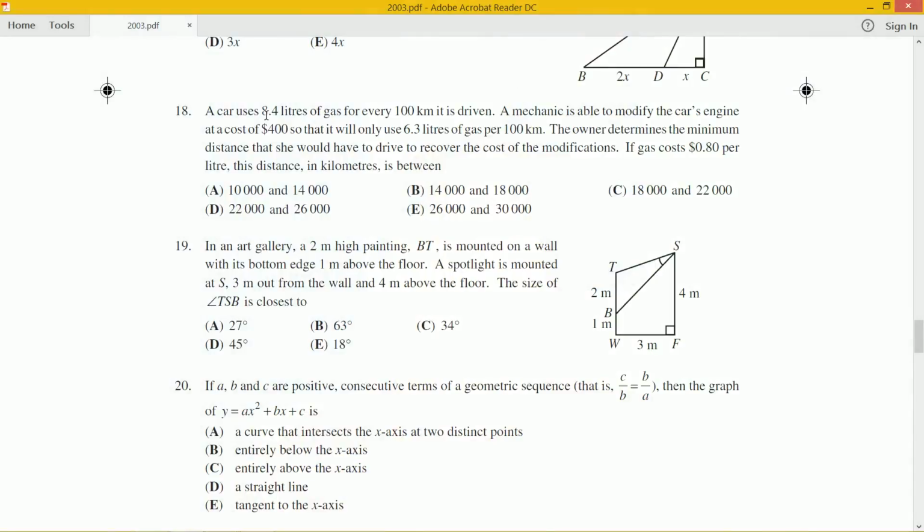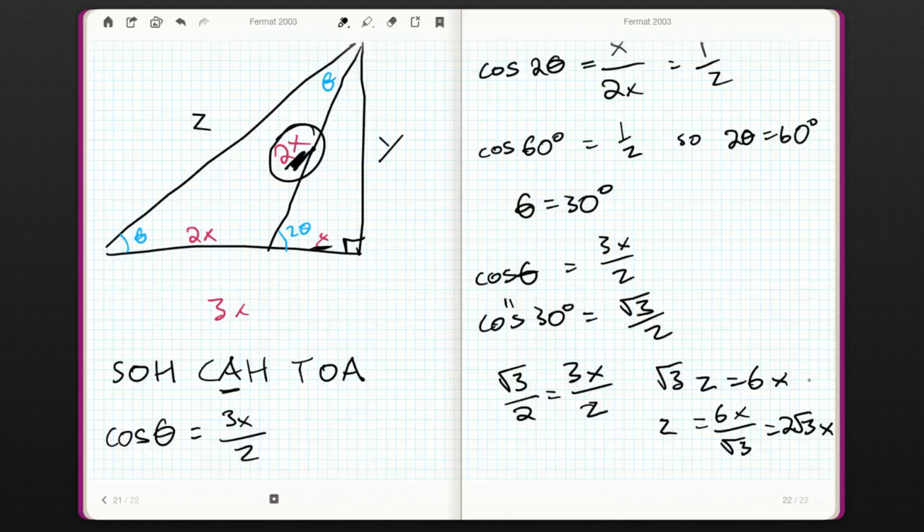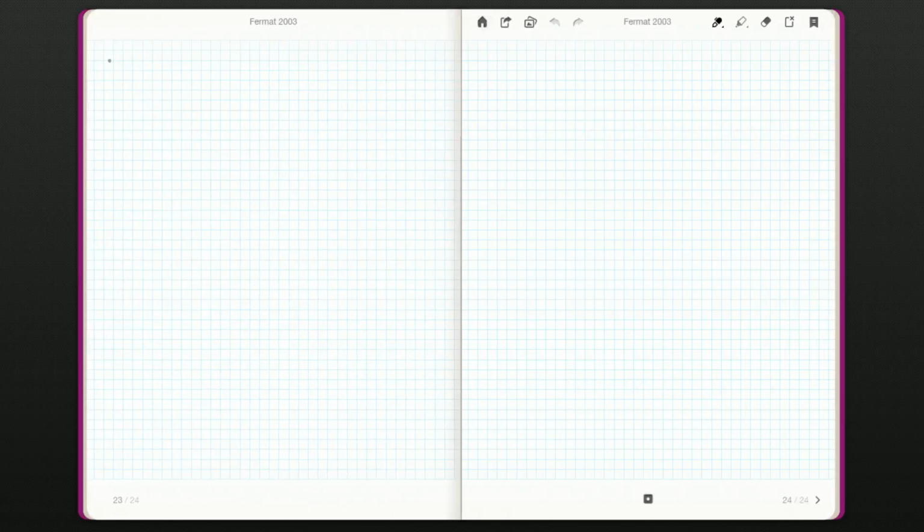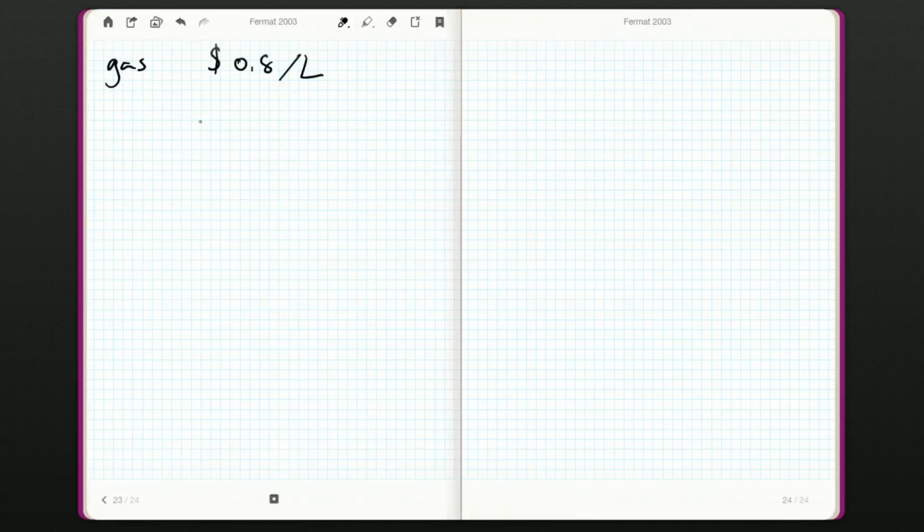8.4 liters, 6.3 liters, and 0.8 is the cost of gas. So gas is $0.8 per liter. 8.4 liters per 100 kilometers is her old. Is that mileage? I don't know enough about cars.